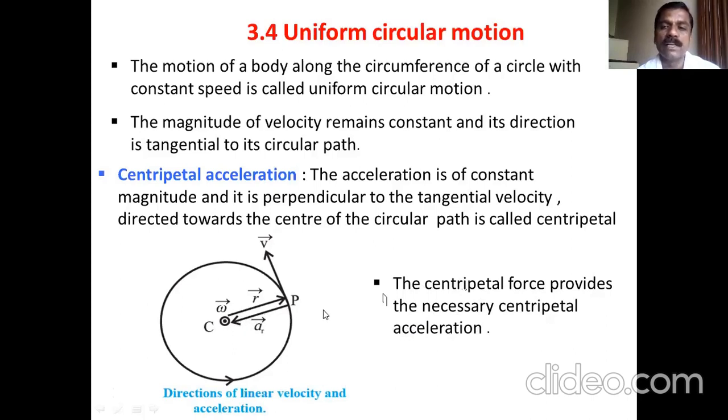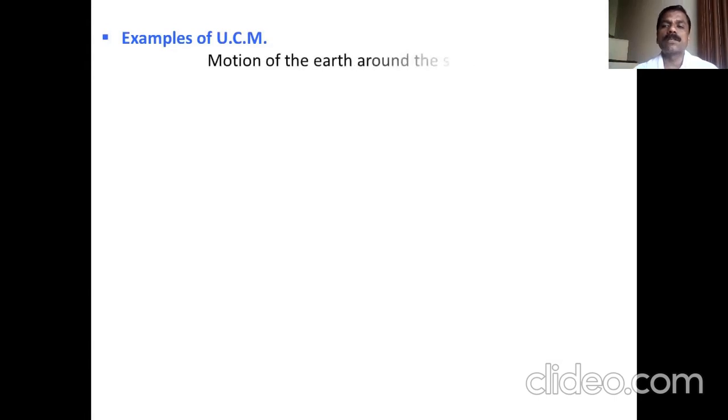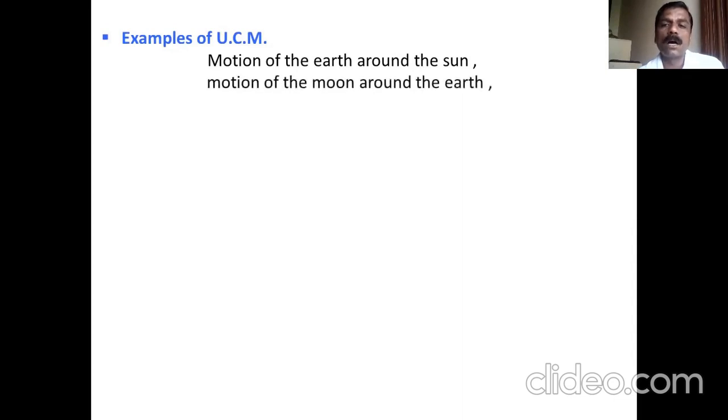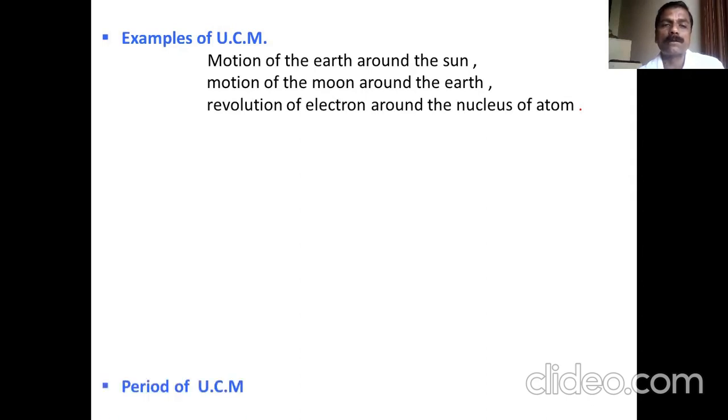Now we want to discuss examples of uniform circular motion. Around us you can observe a large number of examples like the planetary system, motion of the earth around the sun, motion of the moon around the earth, and motion of an electron around the nucleus. All these are examples of uniform circular motion.